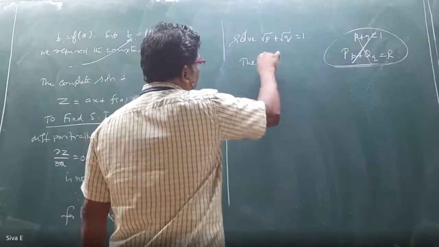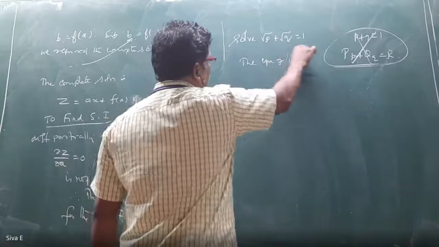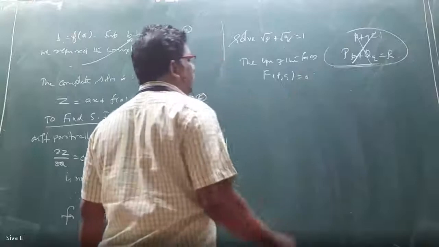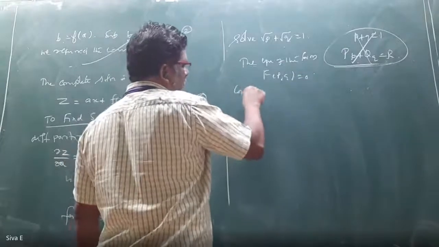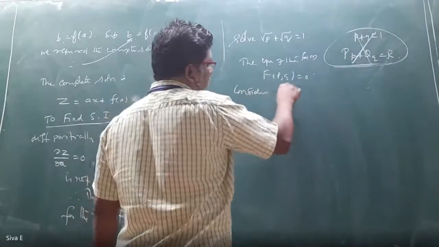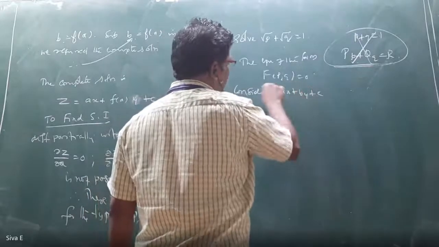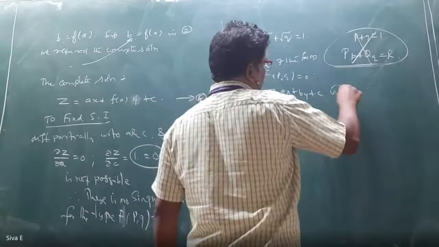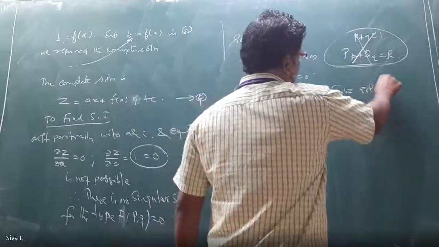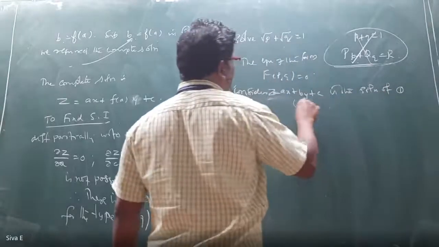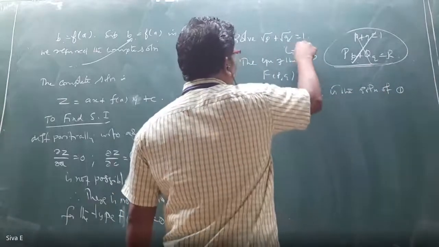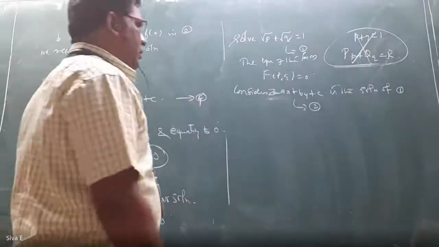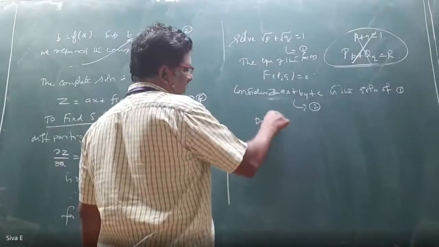Then we can write the solution for this. The equation of the form f of p comma q equal to 0 is equation number 1. Consider z equal to ax plus by plus c as the solution of 1.